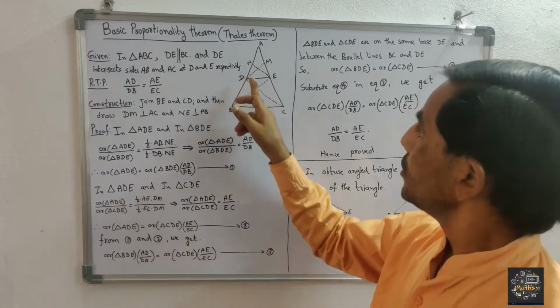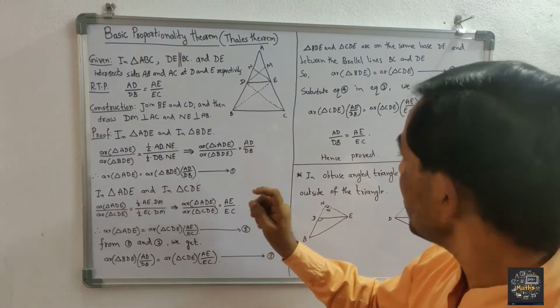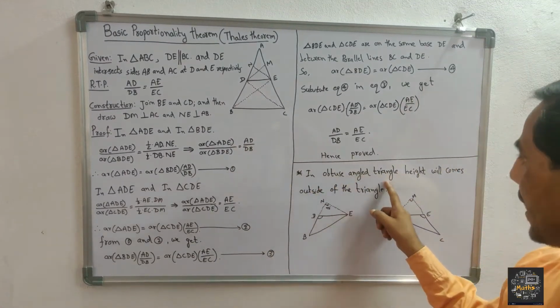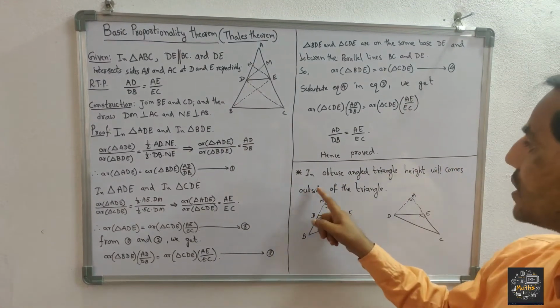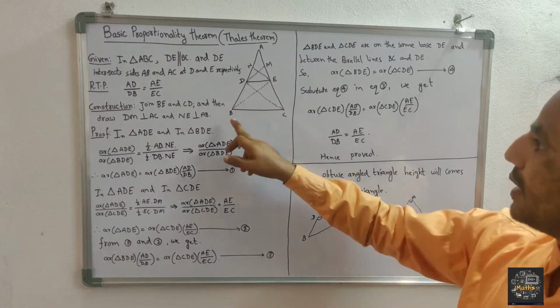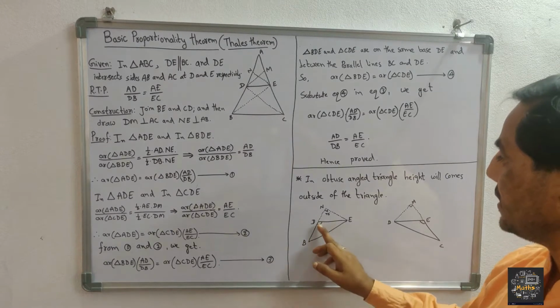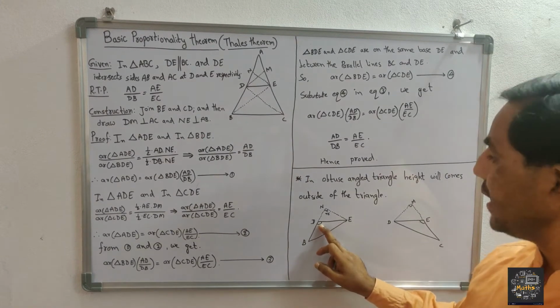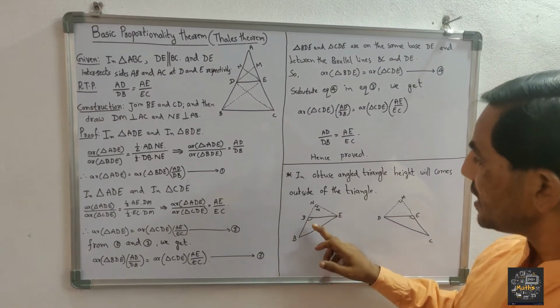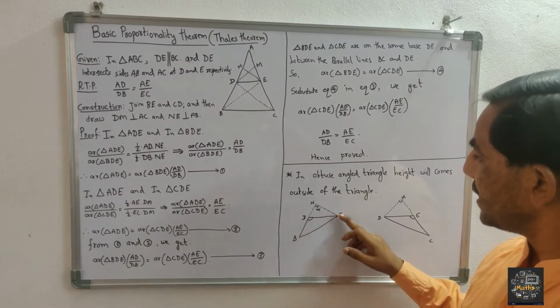So here one important condition: in an obtuse angled triangle, the height comes outside of the triangle. So I take triangle BDE. This is an obtuse angled triangle at point D. Compulsorily the height comes outside of the triangle, that is NE.